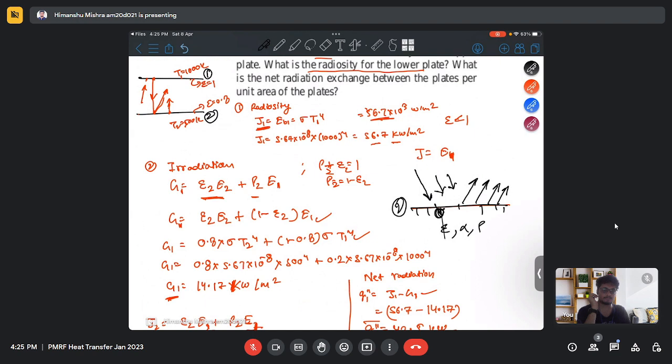No, sir. Alpha plus rho plus tau is 1. Not emissivity plus alpha plus rho. You are considering the reflective part, not talking about the reflective part, right? I'm talking about transmissivity. That it falls at the surface, then it reflects back, that part, right? This tau part.